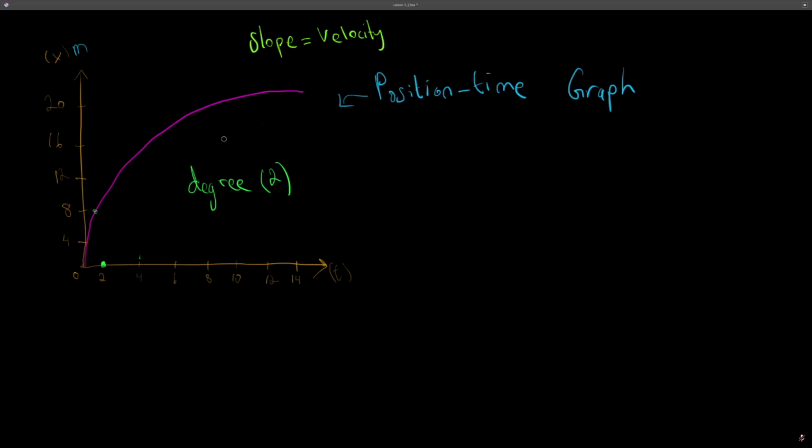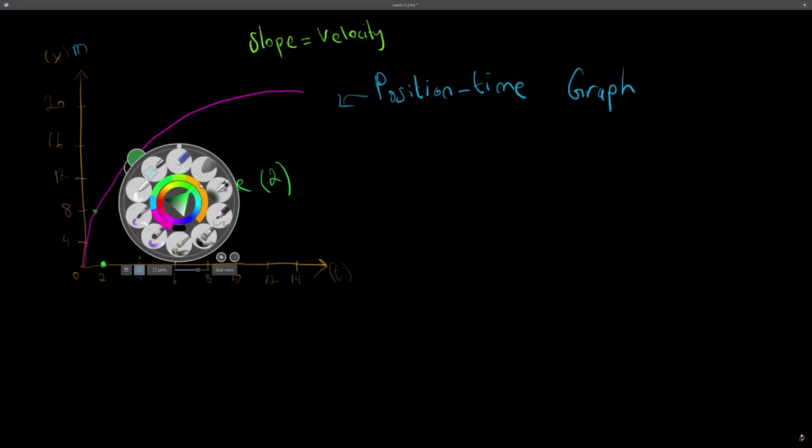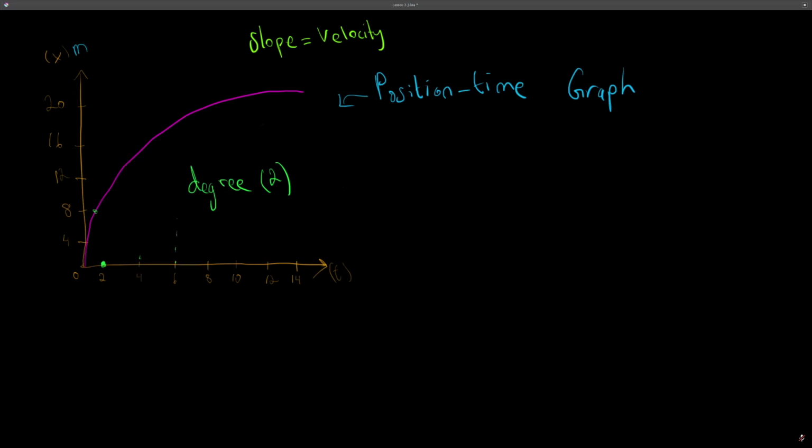Now, when we look at this slowing down graph, how do we calculate the speed at any certain time? If I were to ask you what is the speed at second 6, at this point right here, how would I calculate it?